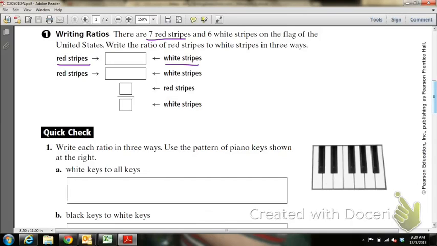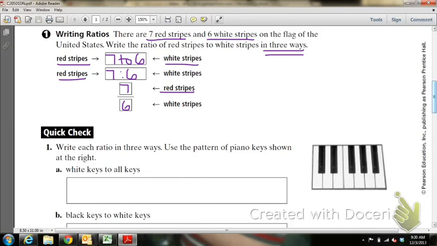So there are 7 red stripes and 6 white stripes. So I can say 7 to 6. They want me to do this in 3 ways. I can also do 7 colon 6, or I could do 7 over 6. Notice that in all of them, the red stripes came first. Okay, you always want to keep the same order.